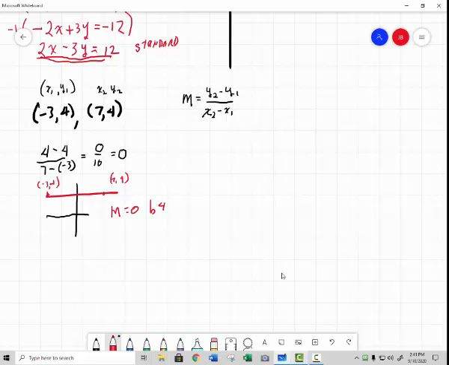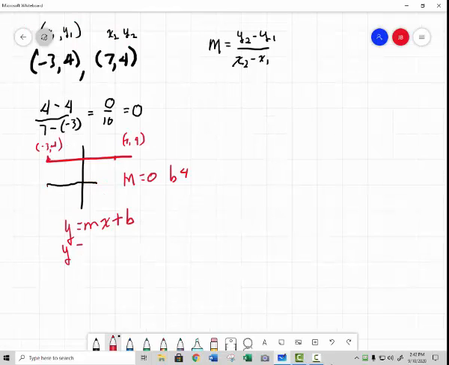Well, if I plug it back into y equals mx plus b, what do I get? If I plug those values into the equation y equals mx plus b, I get y equals 0 x plus 4, or simply y equals 4.